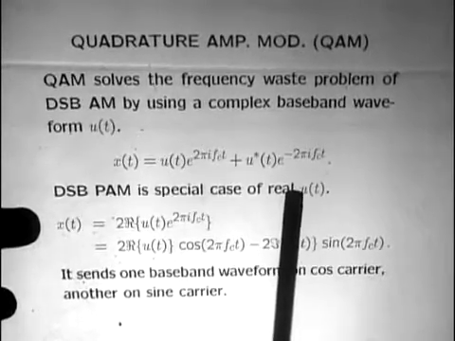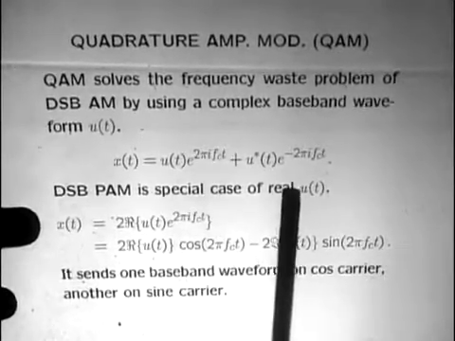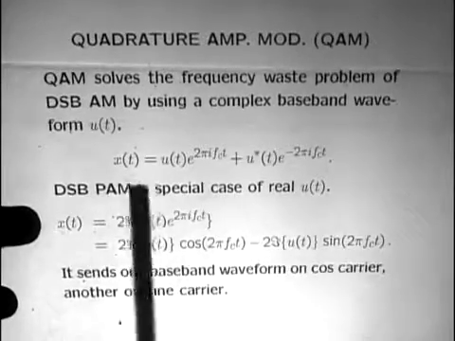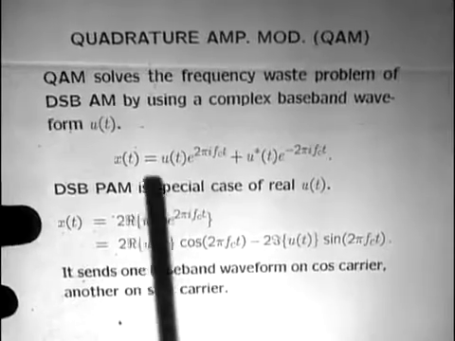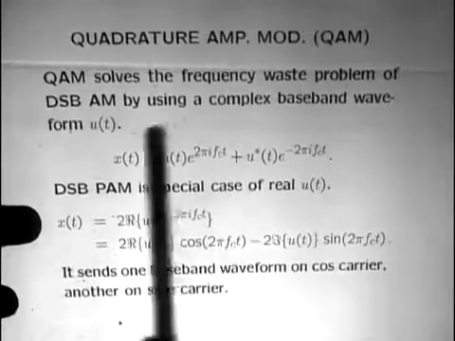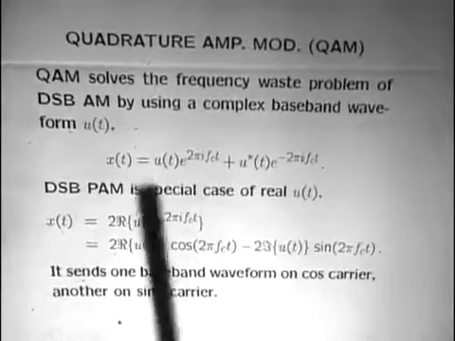Most people, when they think about these things for a long time, they find it far more convenient to be able to think of this positive frequency part of x of t as just u of t translated up in frequency.